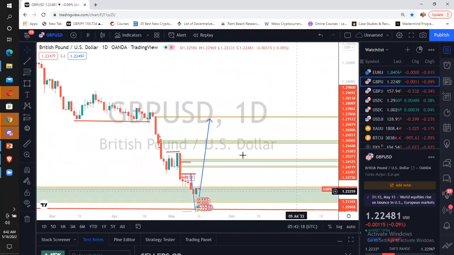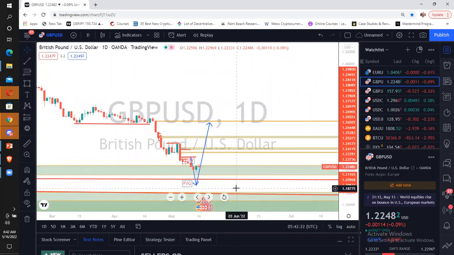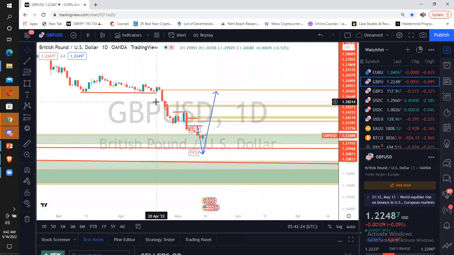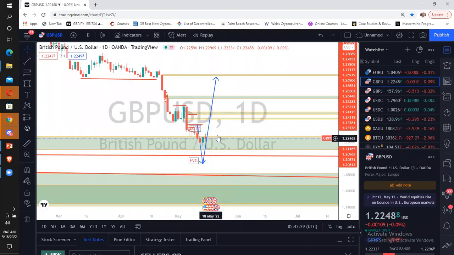GBPUSD. Now, what is this GBPUSD? Based on what we analyzed before, we are still looking at these guys going down, but let's zoom in and see if you guys are really understanding what I'm talking about.